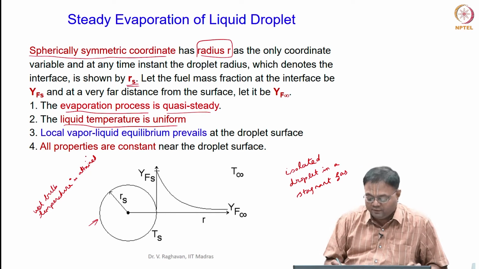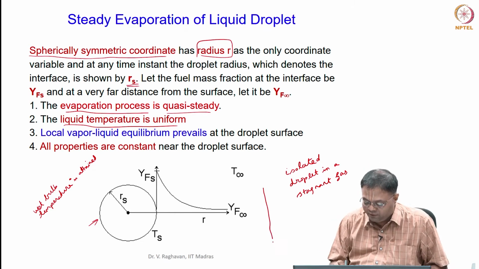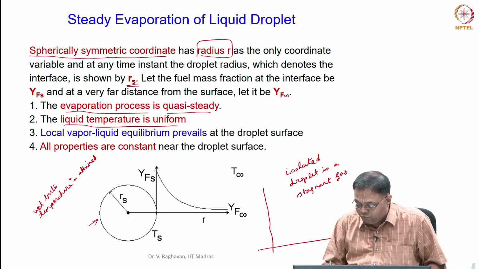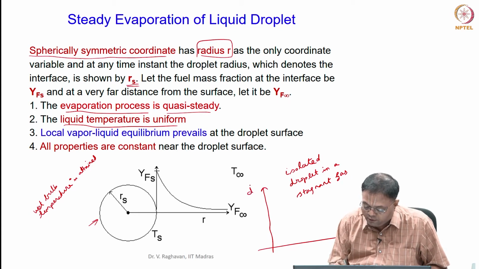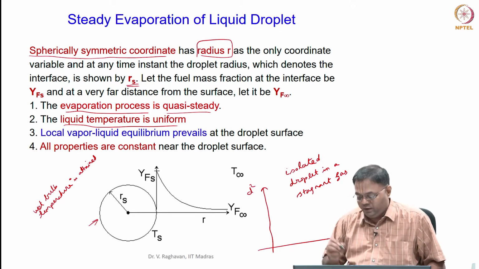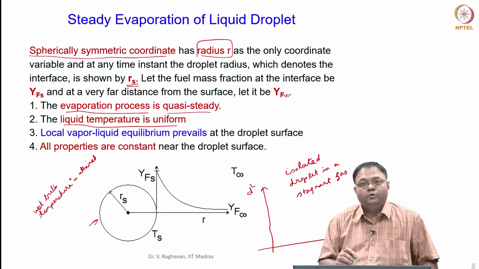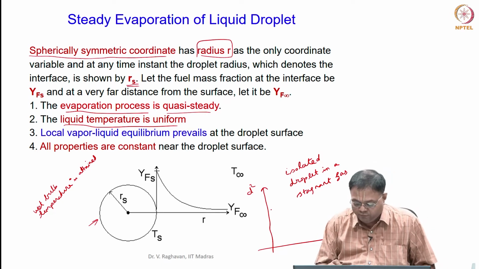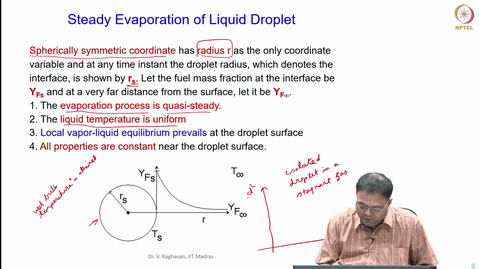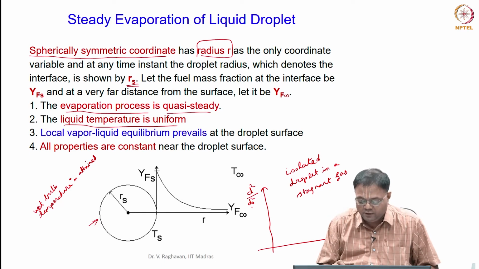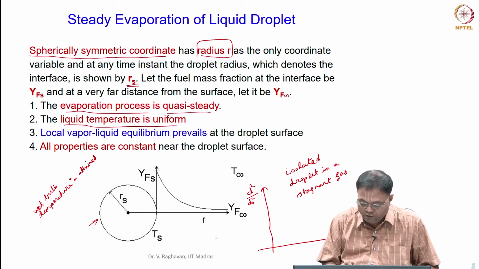Basically what happens, I will illustrate here. When you draw d square versus t, in any realistic environment, we will also normalize this by the initial droplet diameter d naught and square it. So d naught is the initial droplet diameter.